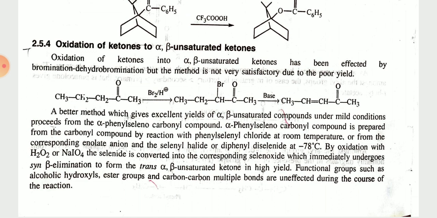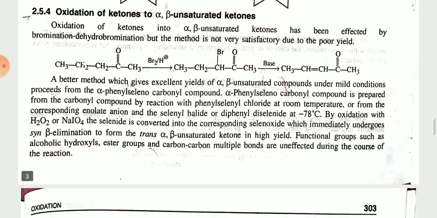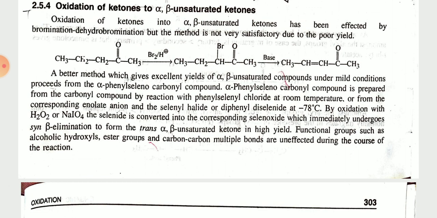Okay, in presence of base, another hydrogen is removed, and you will get the alkene over here. So this kind of method gives an excellent yield of alpha beta unsaturated compound under mild conditions.